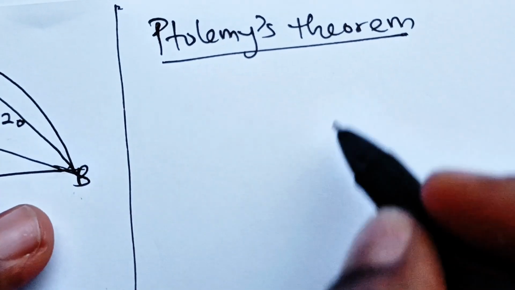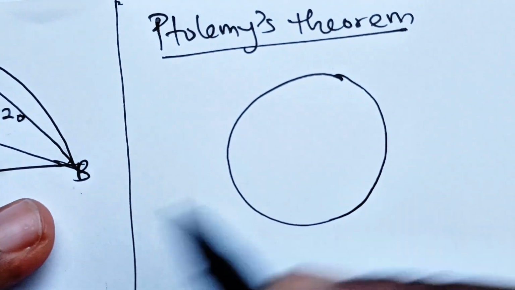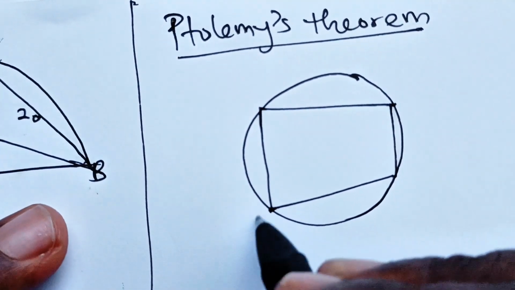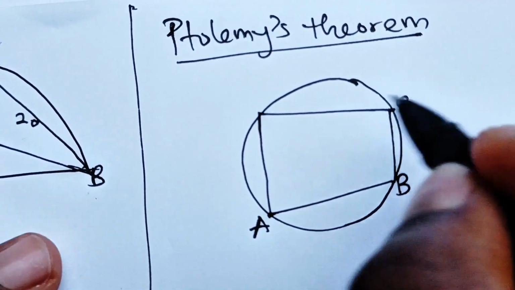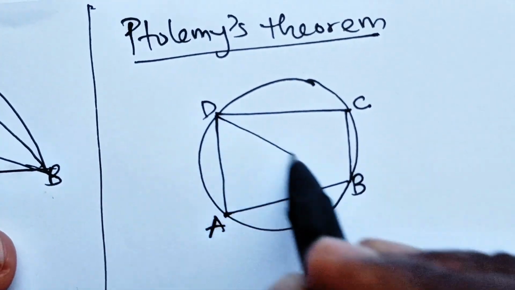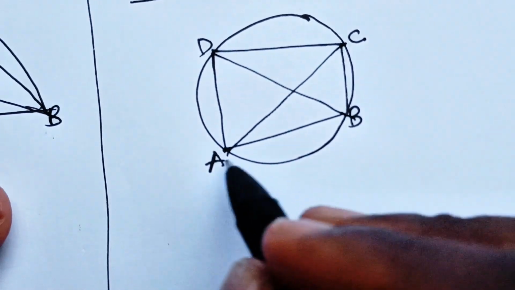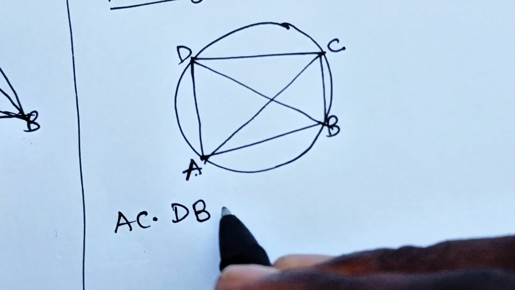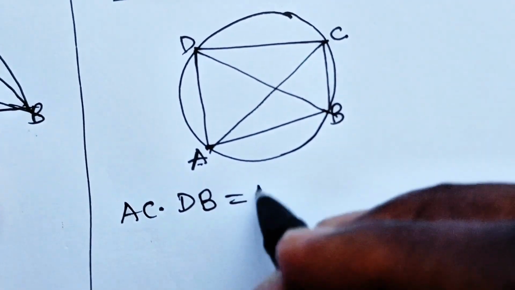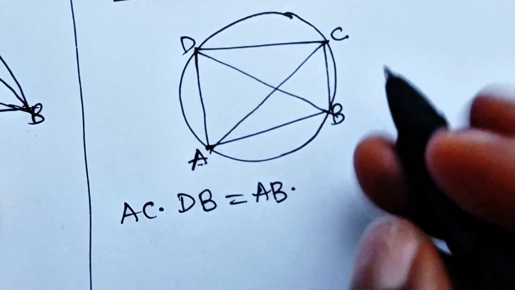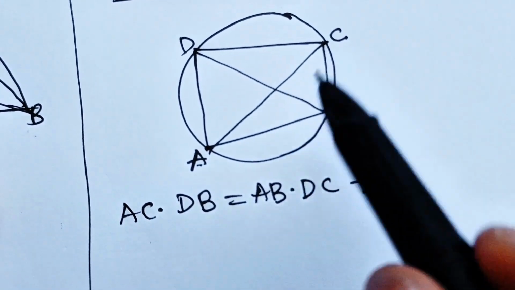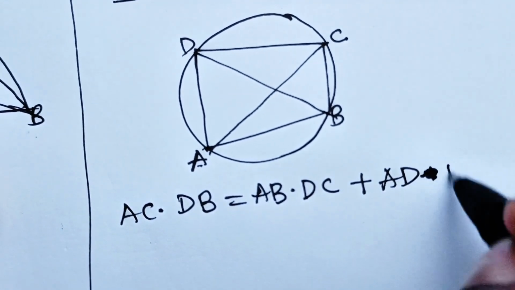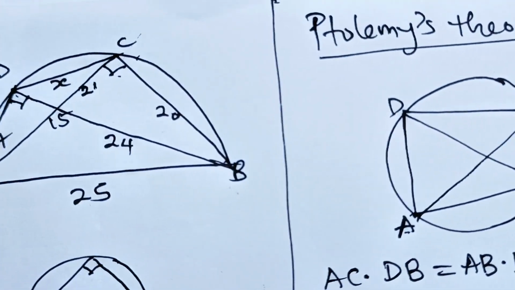It states that if you inscribe a quadrilateral in a circle, and this is A, this is B, this is C, and this is D, and you join their diagonals as well, the product of the diagonals, that is AC multiplied by DB, will be equal to AB multiplied by DC plus AD multiplied by BC. Okay, so we are going to consider that here.